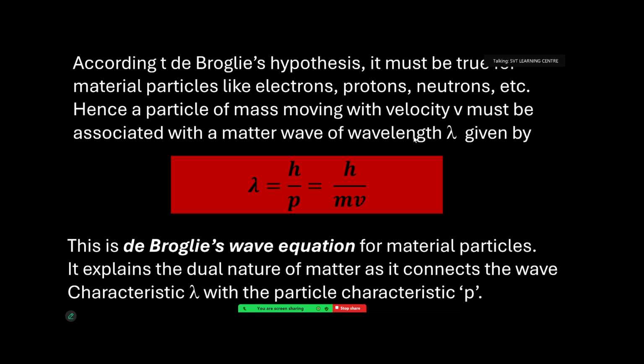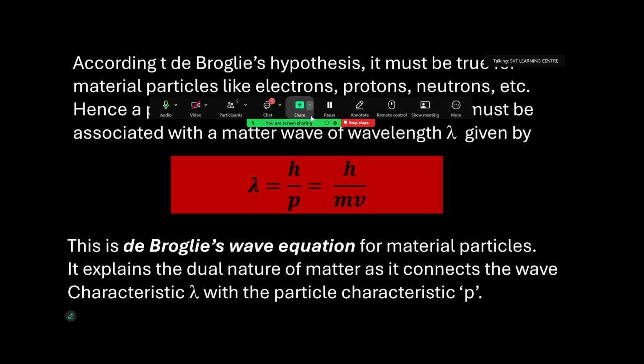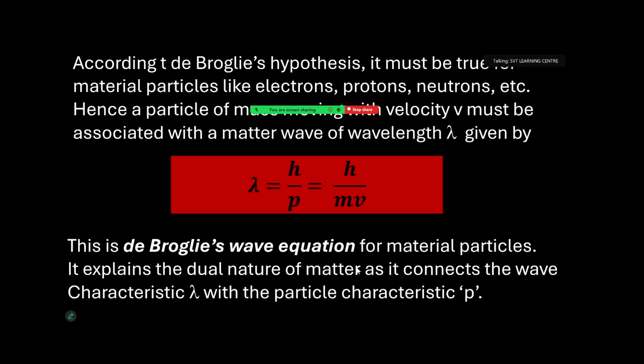That means every small particle moving with velocity should have a lambda, and since its momentum is mv, the lambda associated with that particle should be h upon mv. This is de Broglie's wave equation for material particles. It explains the dual nature of matter as it contains the wave characteristic lambda and the particle characteristic p.